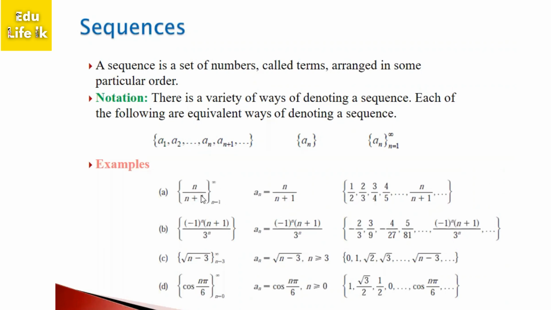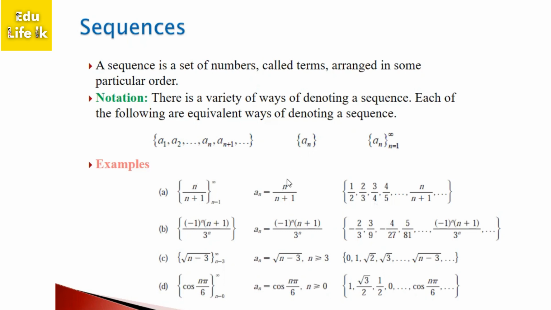To find the second term, substitute 2 for n: 2 over 2 plus 1, that is 2 over 3. To get the third term, substitute n equal 3: 3 over 3 plus 1, that is 3 over 4. Similarly, we can find infinitely many terms. Here An equals n over n plus 1.